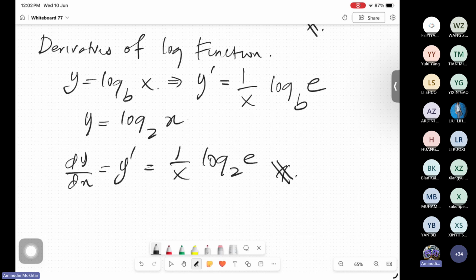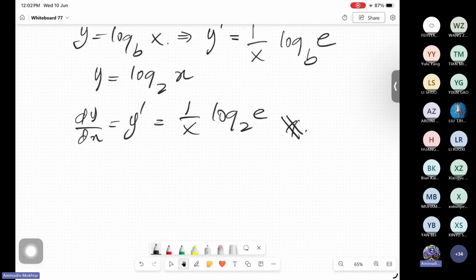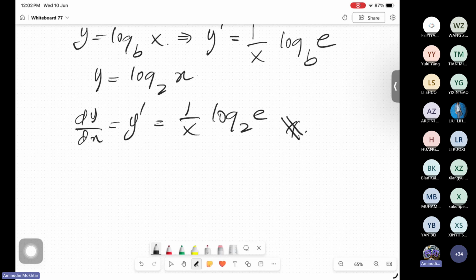Okay. The next one, another example. If you refer to page 4, we have one question here: y equal to ln x. I hope you still remember what ln x is.